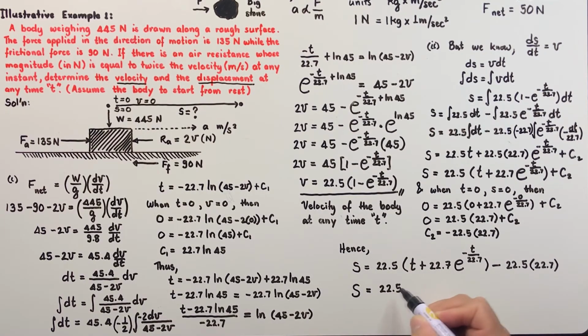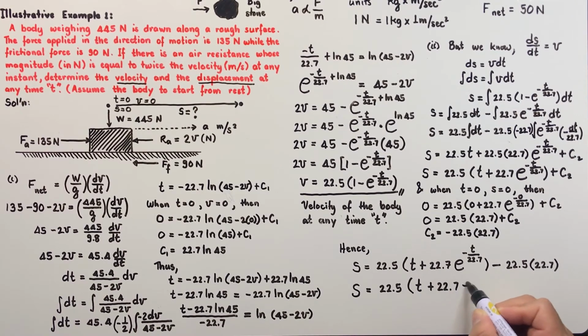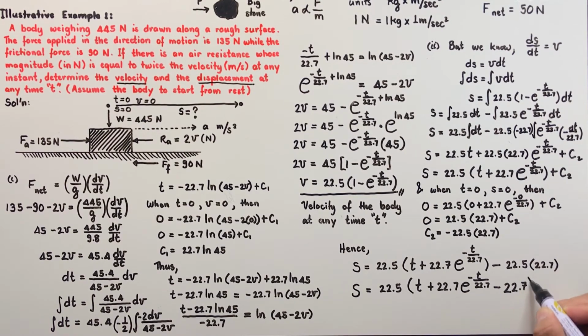So 22.5 times t plus 22.7 e to the power of negative t over 22.7 minus 22.7. And this is our formula for the displacement of the body at any time t.